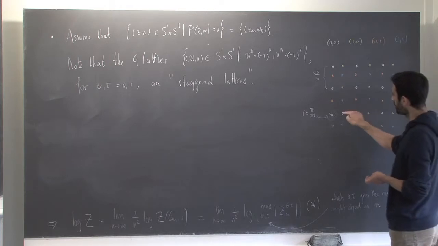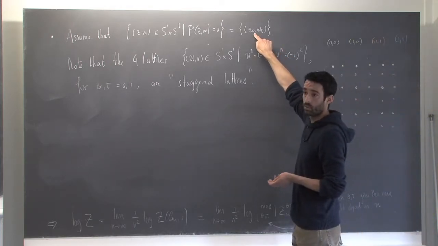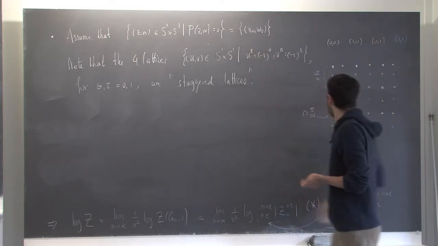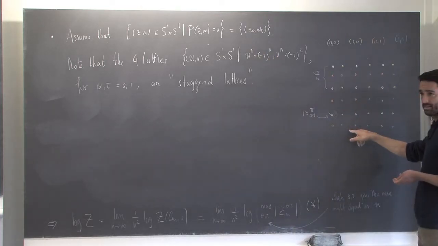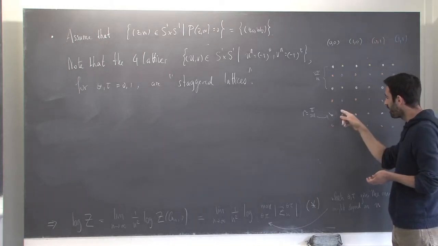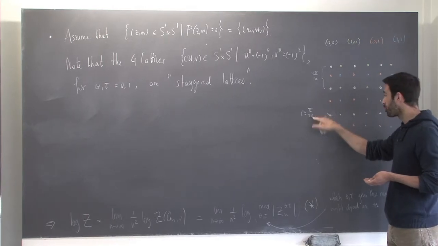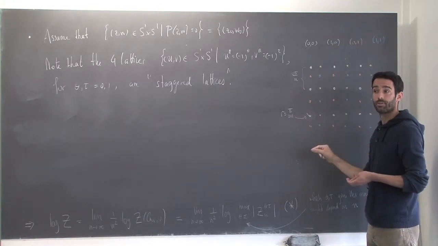So if you have a unique 0 for the polynomial, z0, then you have a unique lattice that can fall within distance less or equal to pi over 2n to this point.